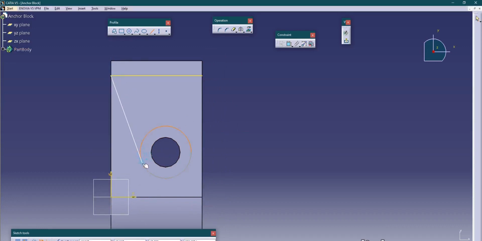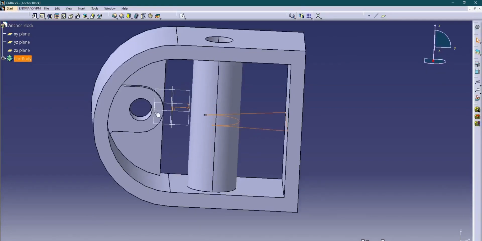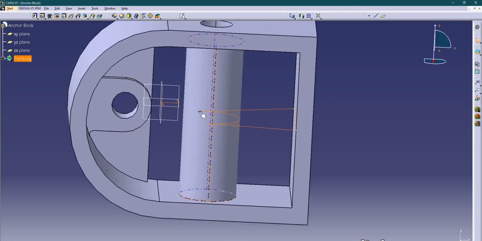Now taking the tangent line, this side is not tangent, so let us make it tangent. Okay, we see that there are two black dots.